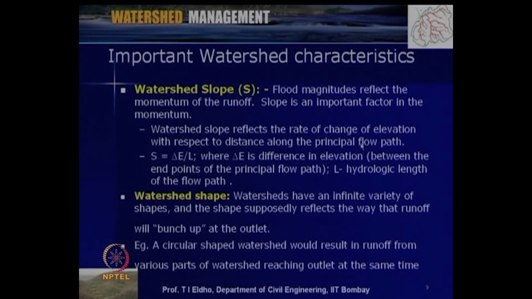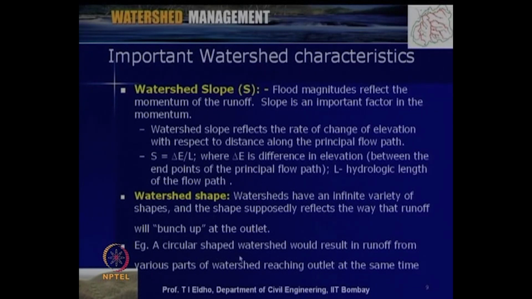If there is a narrow shaped watershed, the runoff will take a small period of time, but if it is a broad type watershed like this, it needs more time for the runoff to bunch up at the outlet. The watershed shape is an important parameter.